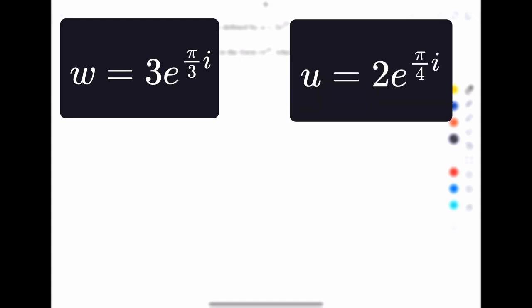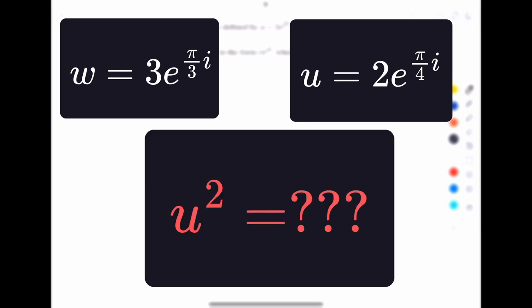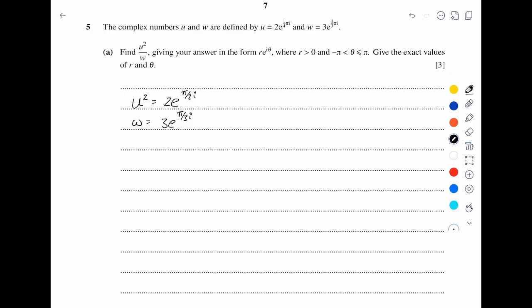We have w, we have u, but we don't have u squared. So let's go ahead and get that. Great. So now we have both u squared and w. But now we have to divide them. What answer do we get here? Pause the video and give it a try.